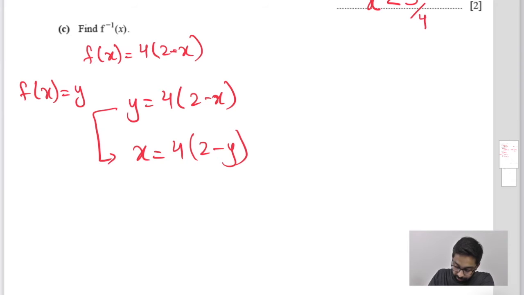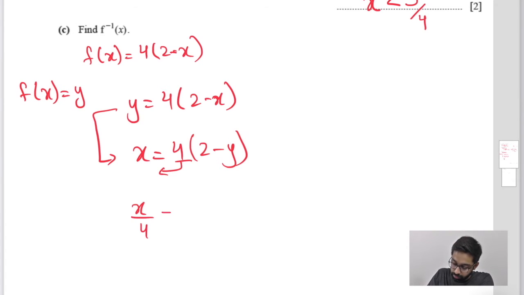Okay, excellent. Now I need to make y the subject, because of course y is always the subject. That's the output in functions. So the first step is that I move 4 to the other side and bring it below x. When I do that, I get x over 4 equal to 2 minus y. Further, I need to switch y and x over 4 so that y becomes the subject and it becomes positive. So I do y equal to 2 minus x over 4.